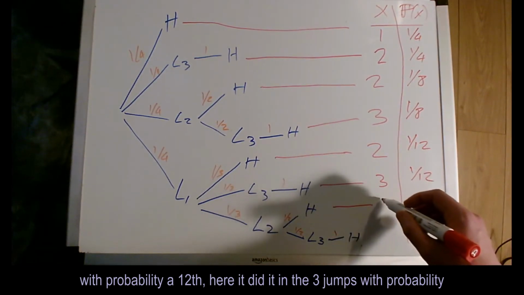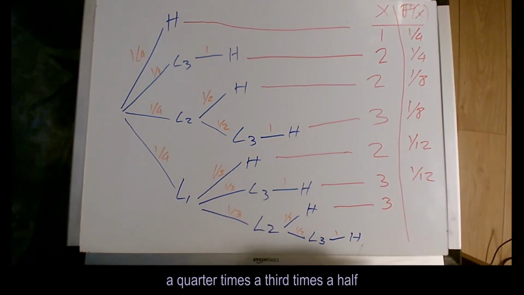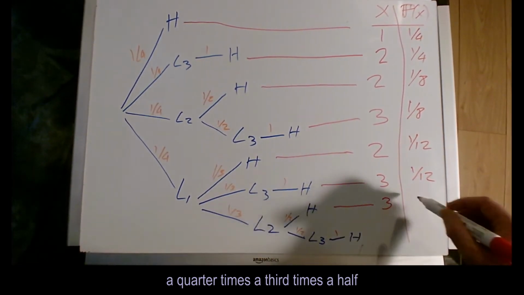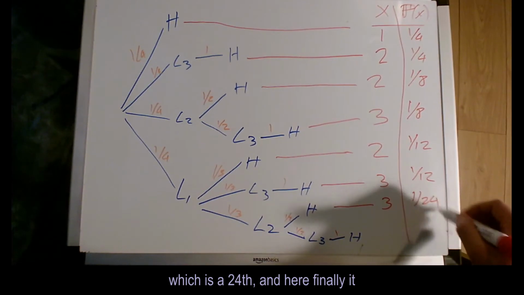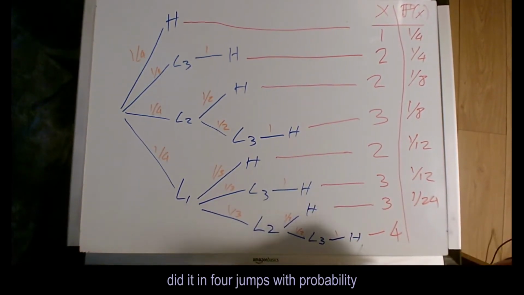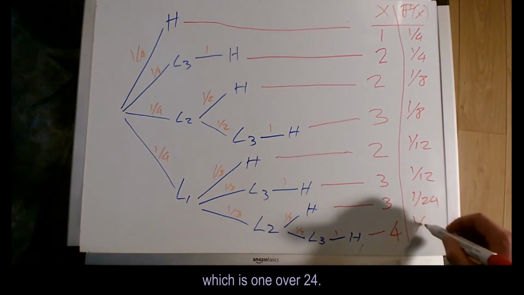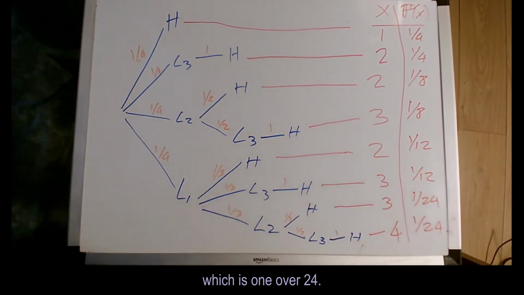Here it did it in 3 jumps with probability a quarter times a third times a half, which is a 24th. And here finally it did it in 4 jumps with probability a quarter times a third times a half times 1, which is 1 over 24.